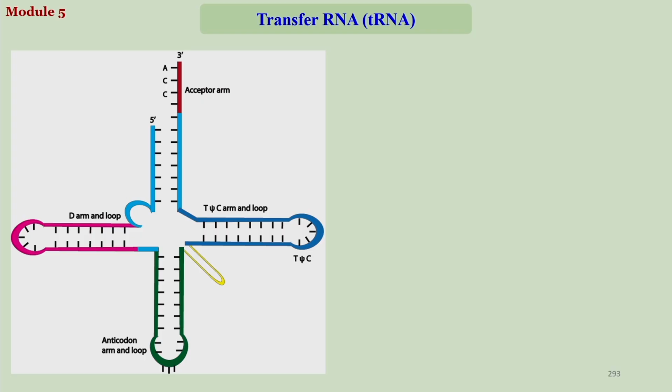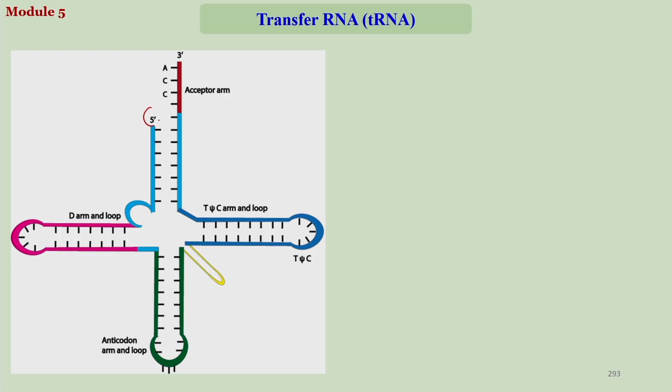And now comes the second one, tRNA, known as transfer RNA, and this is how the molecule looks. Large molecule, a little bit complicated structure, but very important. If you see here, it is actually a single molecule.